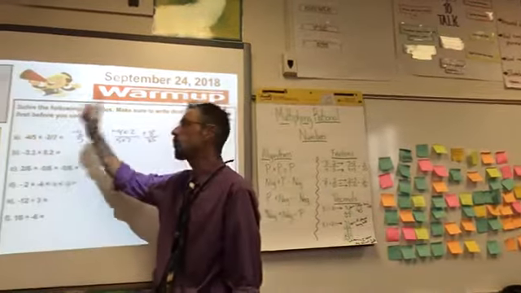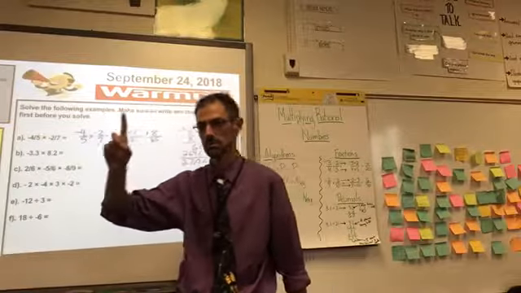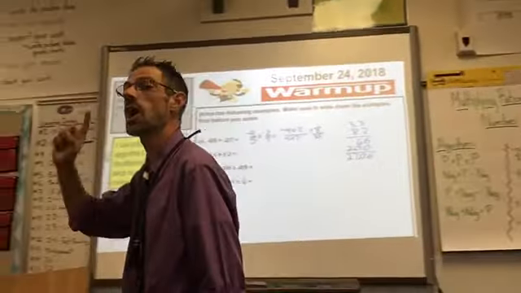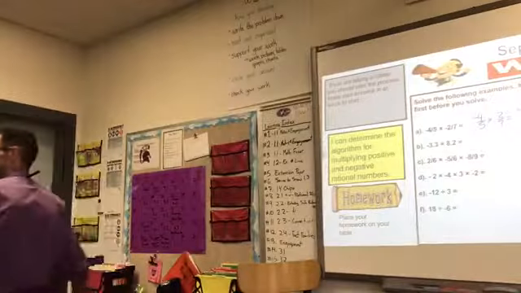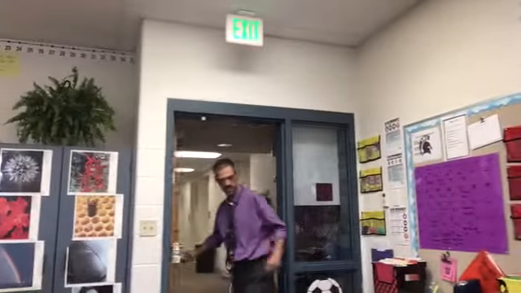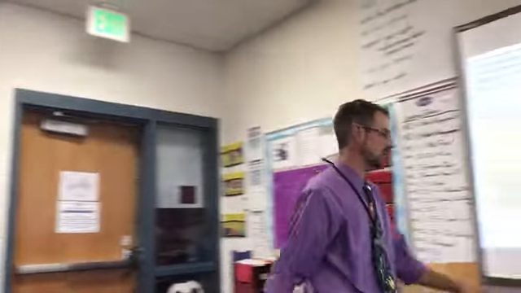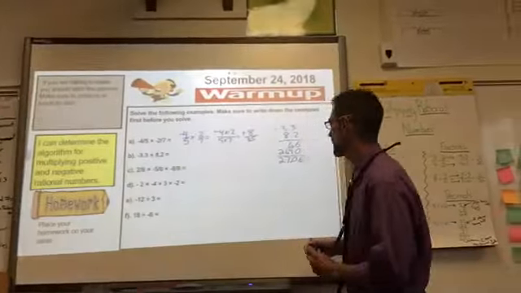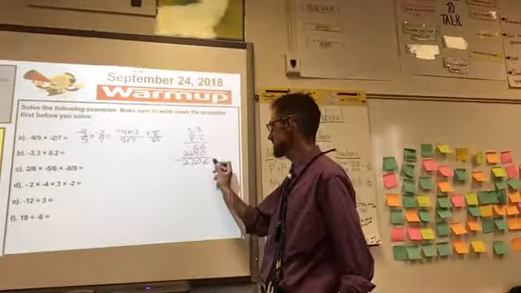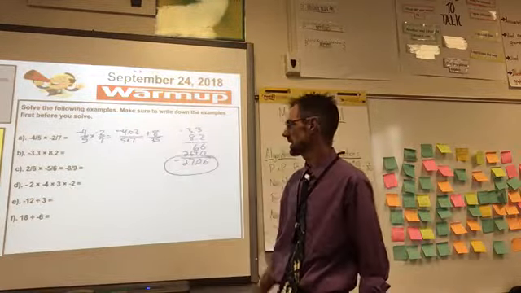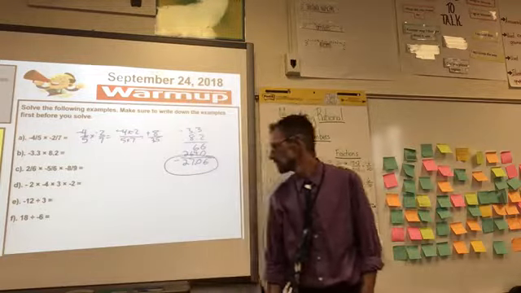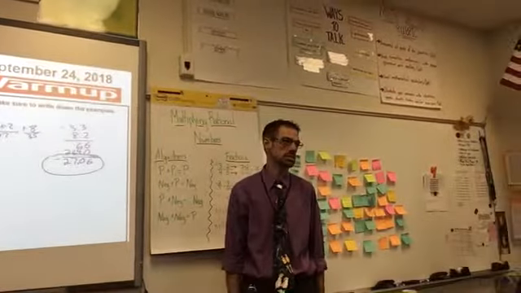Then B, I have one negative factor. So anytime I have an odd number of negative factors, what's my answer, Orlando? Negative. It is a negative. So over here, I do the multiplication. I add the negative at the end, and I get 27,600.